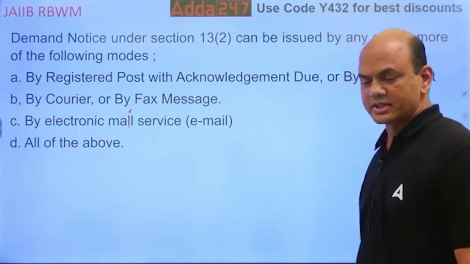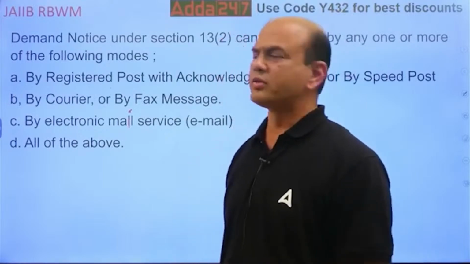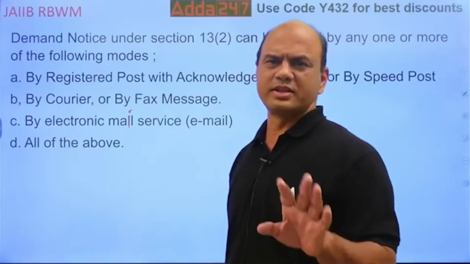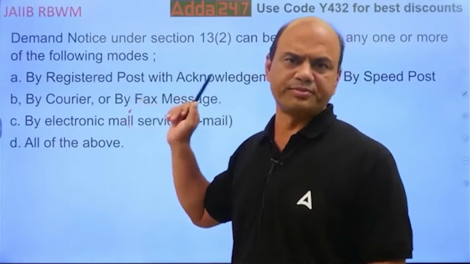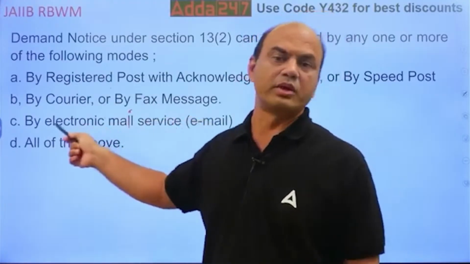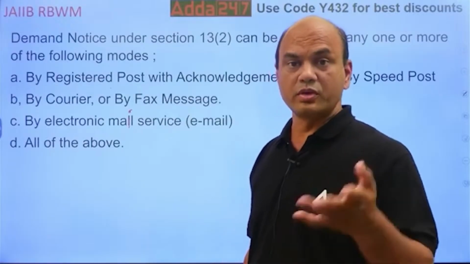So demand notice can be issued by how? Generally we follow the first one, registered post. All of you will agree with this. Many of you will not agree by courier. Courier not allowed. We send by registered post.